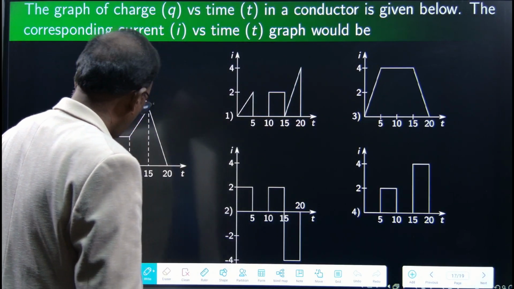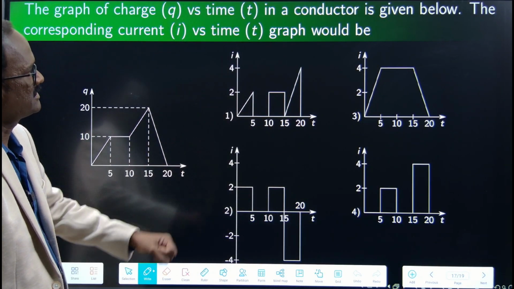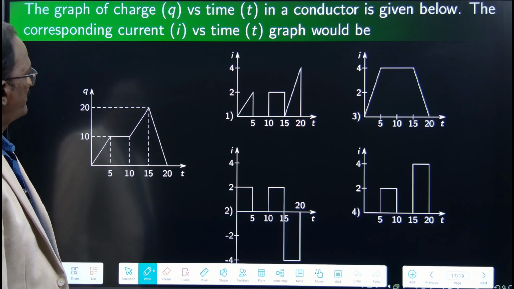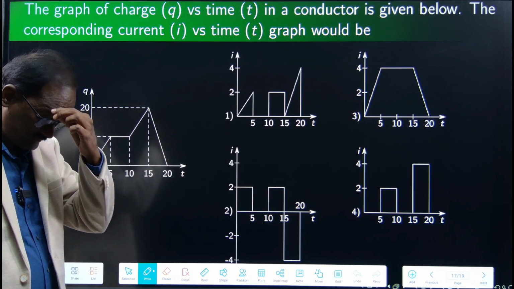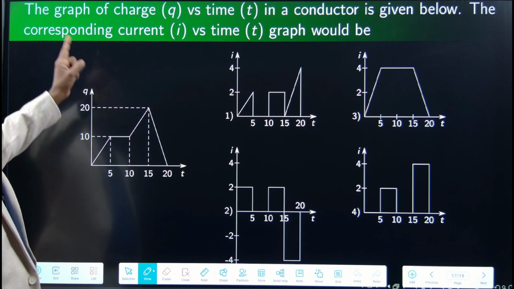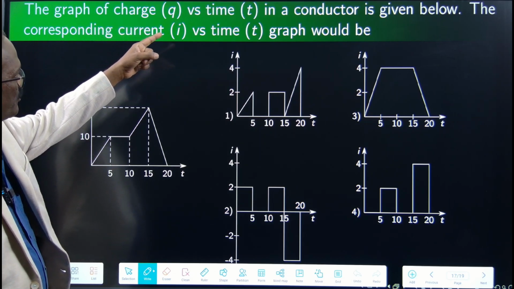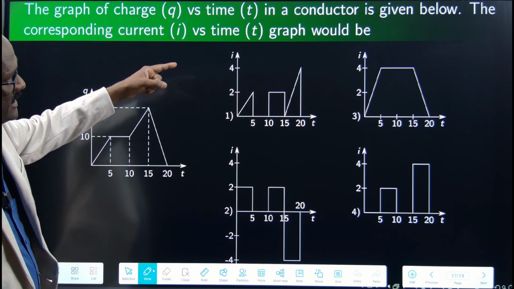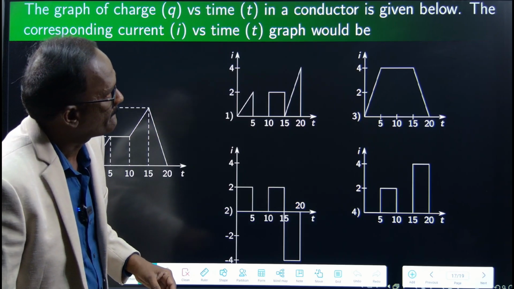So this is also a graphical question. The answers are also given in the form of graphs. The graph of charge Q versus time T in a conductor is given below.